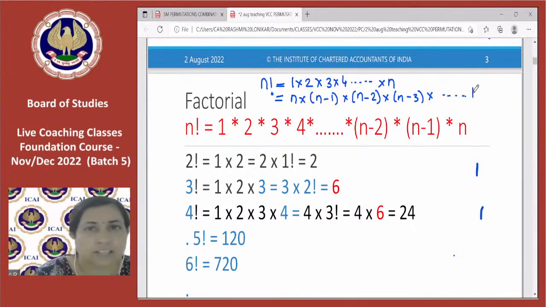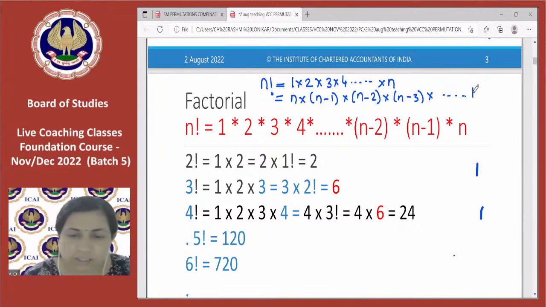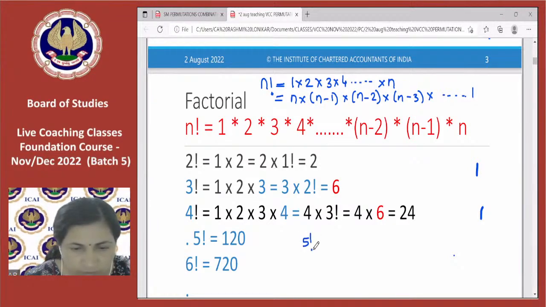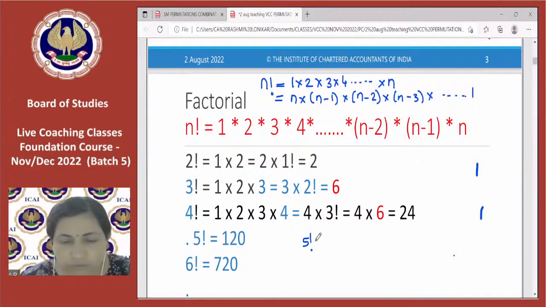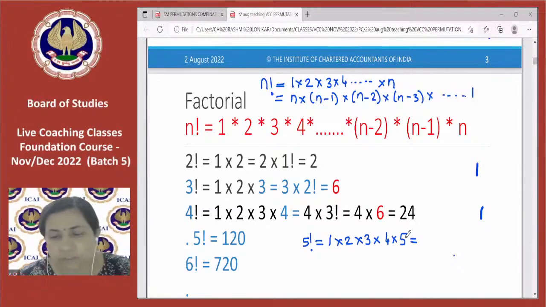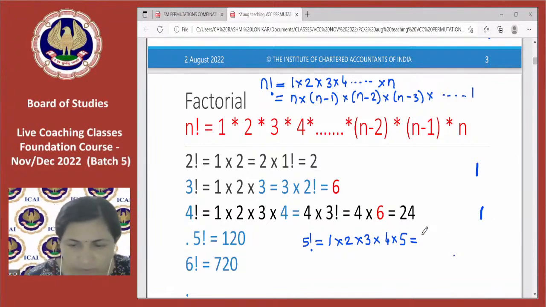Now let us take an example to understand this better. Suppose I have 5 factorial. 5 factorial can be written as 1 into 2 into 3 into 4 into 5. So 1 into 2 is 2, 2 into 3 is 6, 6 into 4 is 24, 24 5s are 120.